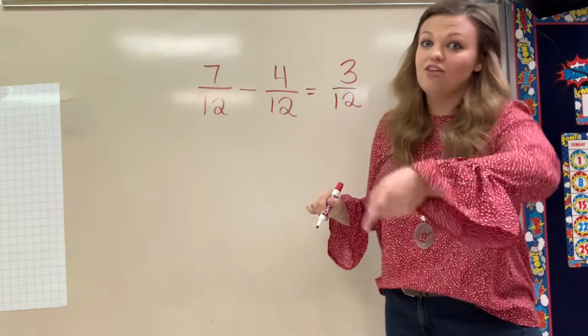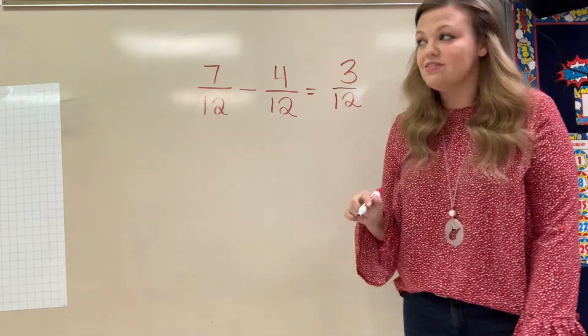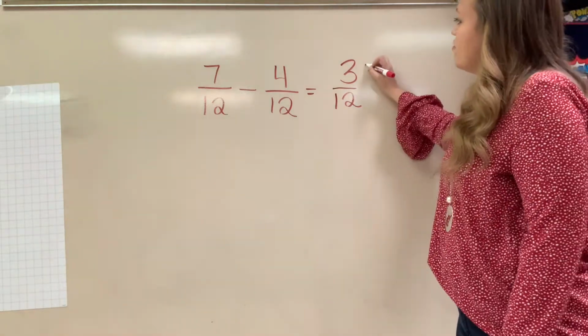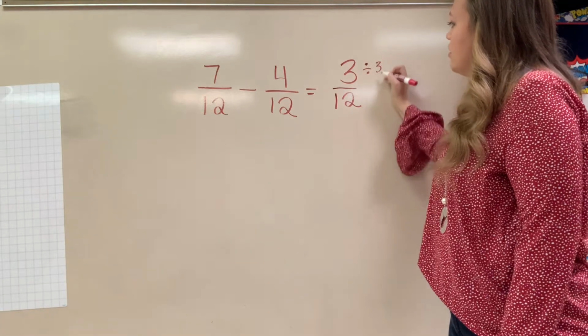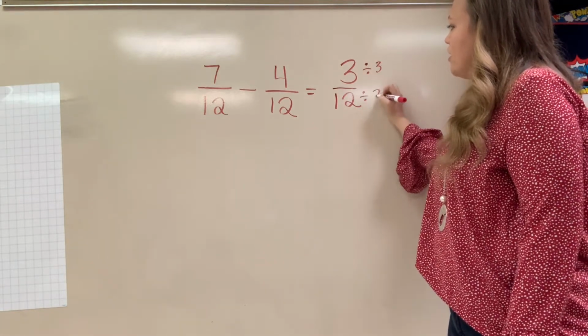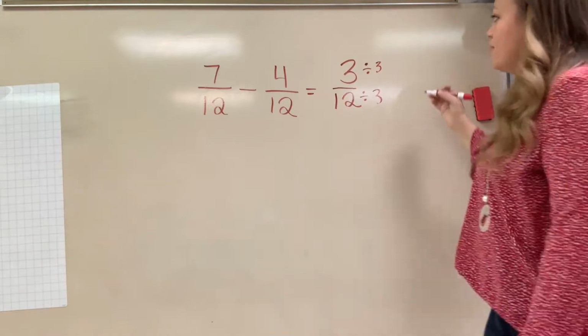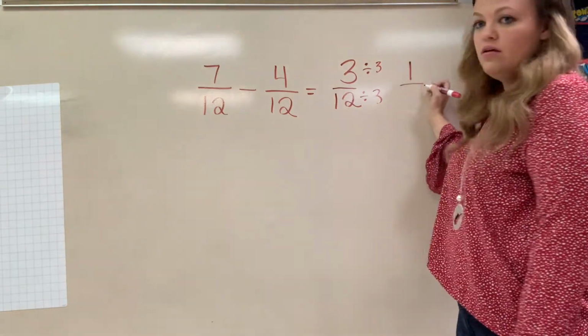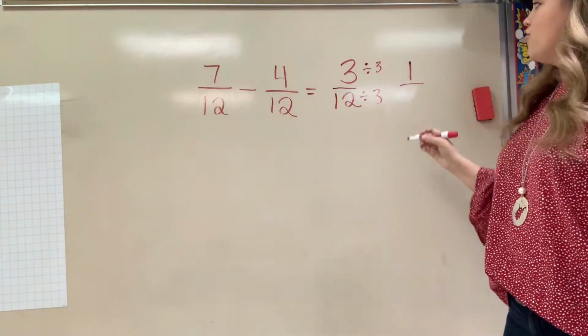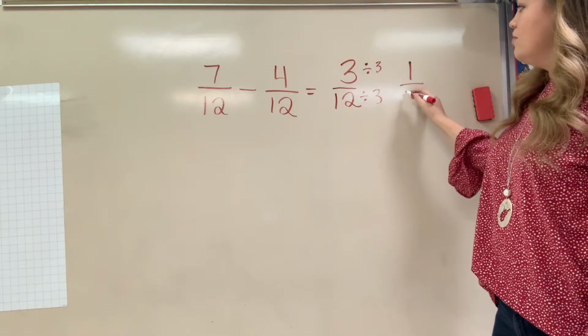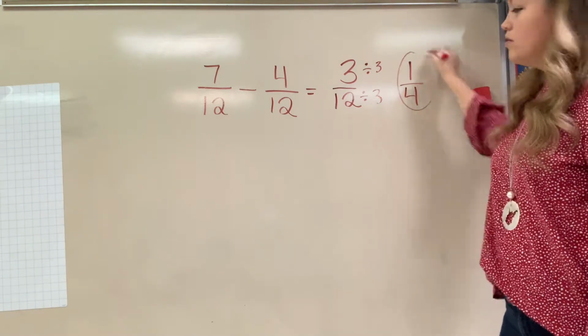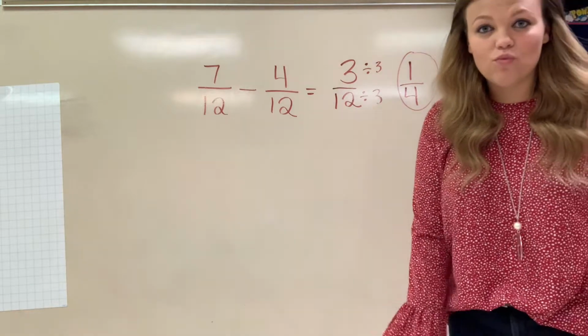Yes, it does, and you better know your multiplication facts. So let's divide the top by 3 and the bottom by 3. 3 divided by 3 is going to give me 1, and 12 divided by 3 is going to give me 4. So my answer is 1/4.